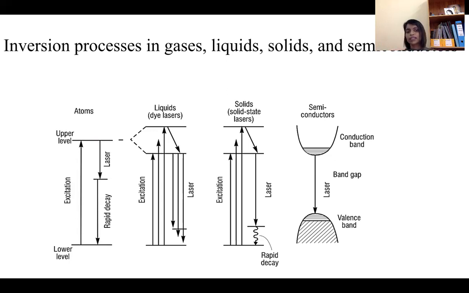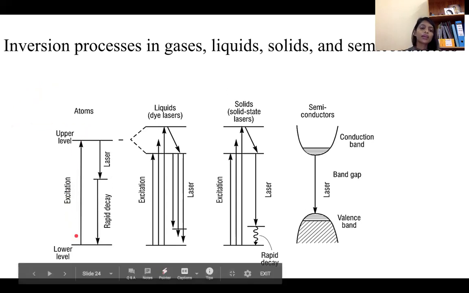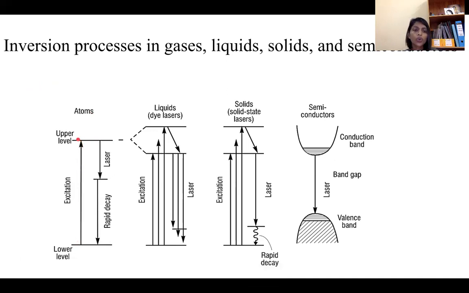In a 3-level system, depending on the atom's electronic configuration, we can have cases where the atoms are directly excited to the metastable state. So we achieve the electron population inversion directly by pumping them to the excited level.